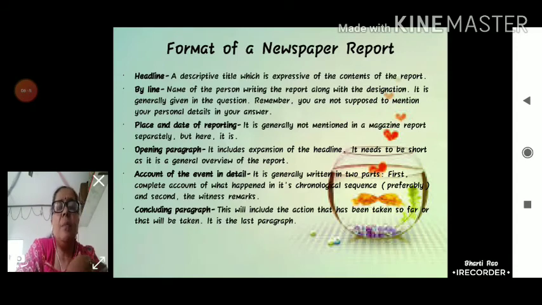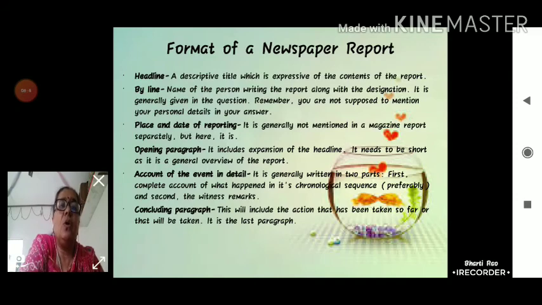First, the complete account of what happened, what has taken place, that complete account should be written, and then in its chronological sequence, preferably. And second, you have to write the witness remarks. What were the remarks of the people who were there, or maybe your own opinion about that event or any accident or whatever has happened.